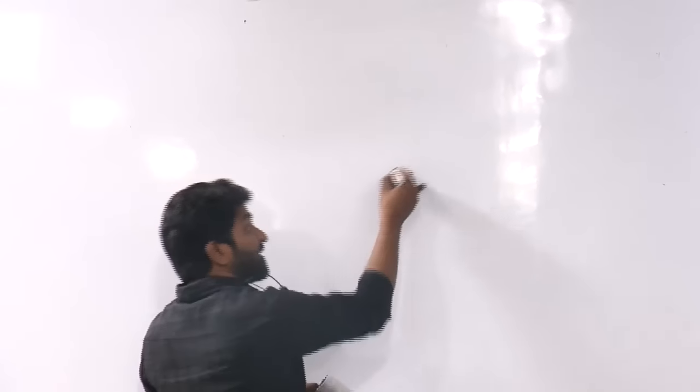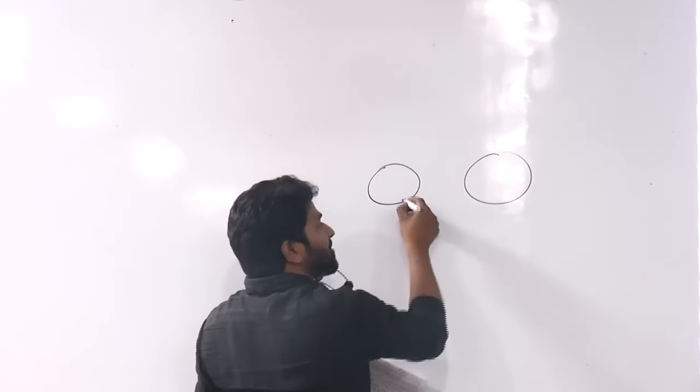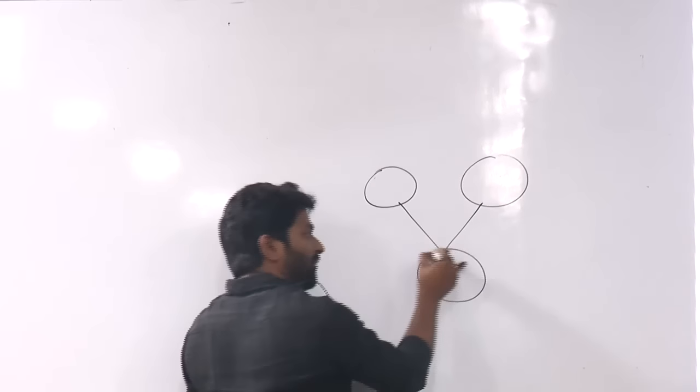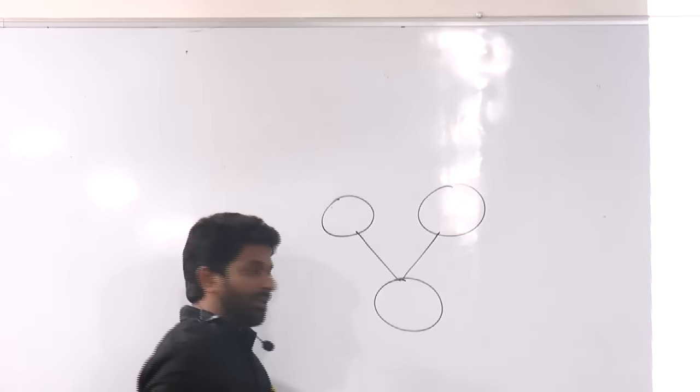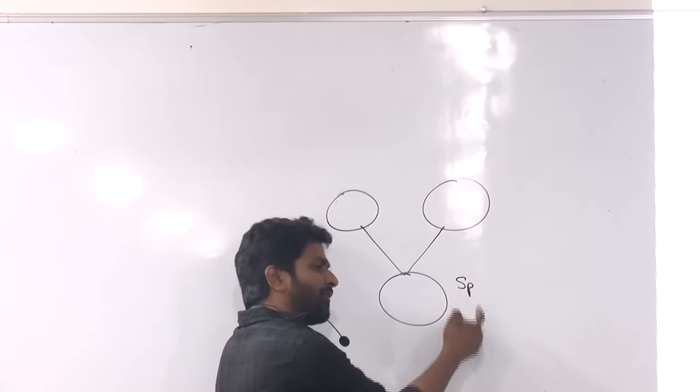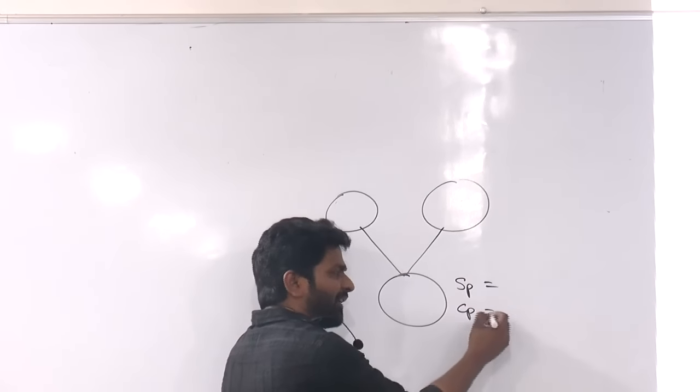If you are asked about the quantity of the second type, you must know the cost price of 3 items: the first item cost, second item cost, and then mixture cost. Mixture selling price is given. Of course, if you have the selling price, you can calculate the cost price, no issue at all.